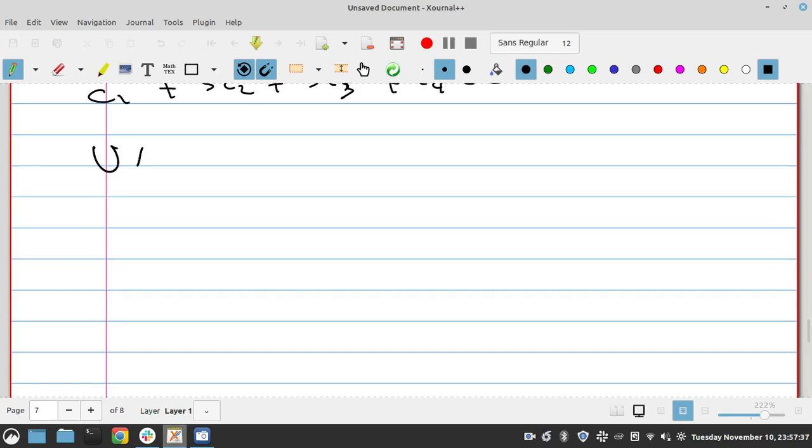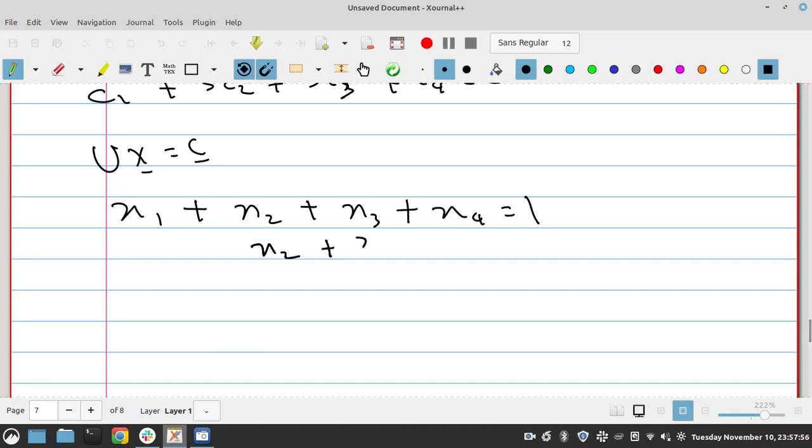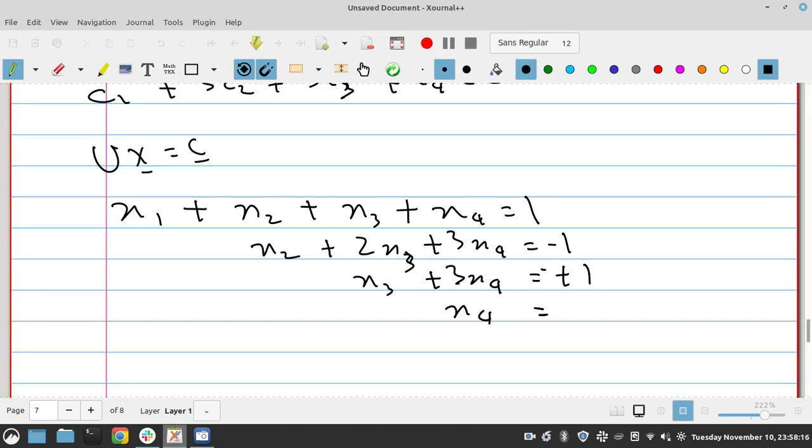So now we need to solve Ux equals C. We now know what C is. Given U, this is x2 plus x3 plus x4 equals 1, x2 plus 2x3 plus 3x4 equals -1, x3 plus 3x4 equals 1, and x4 equals -1.